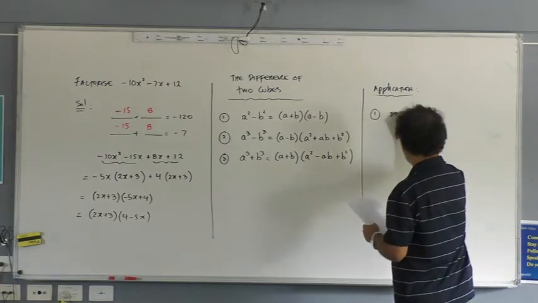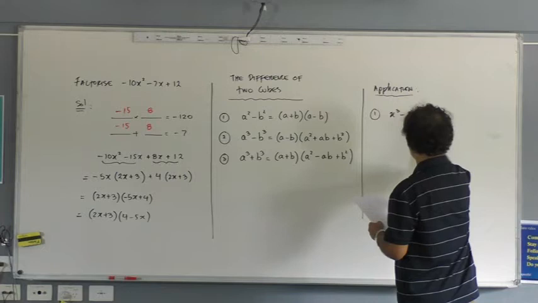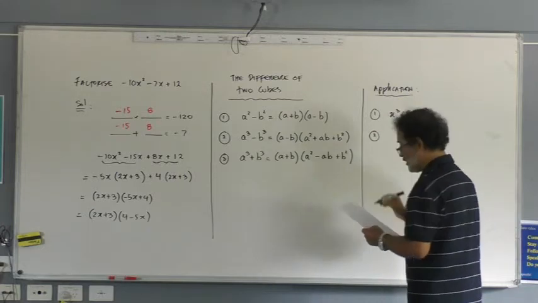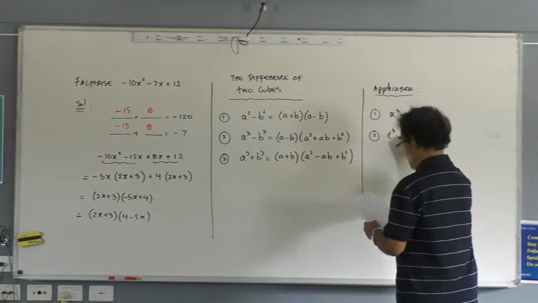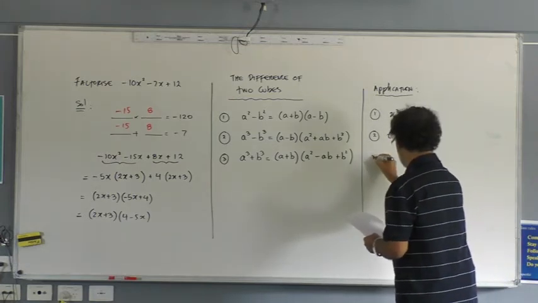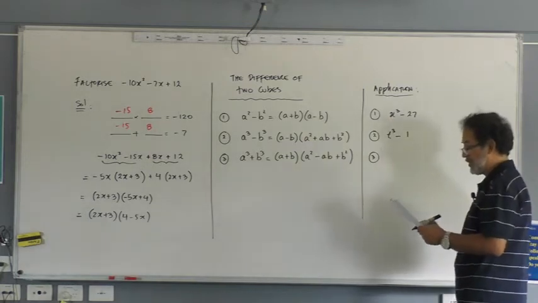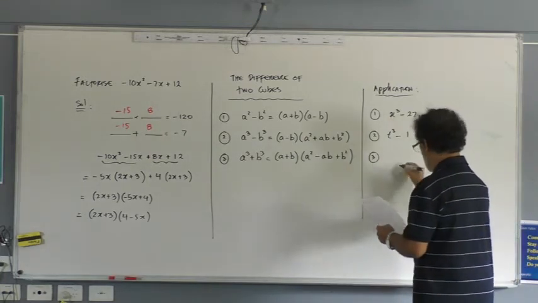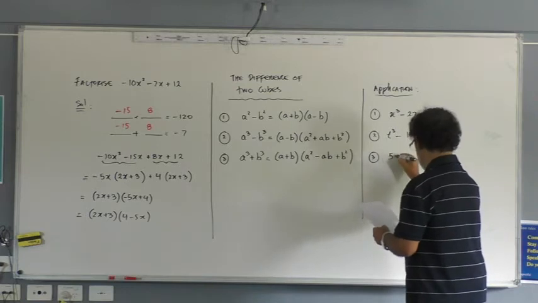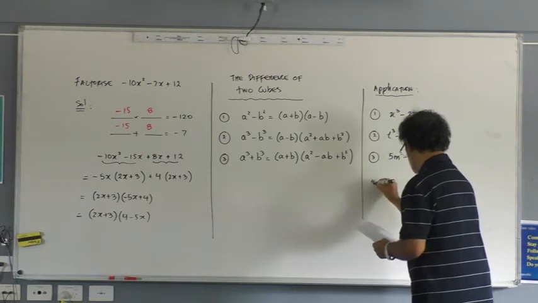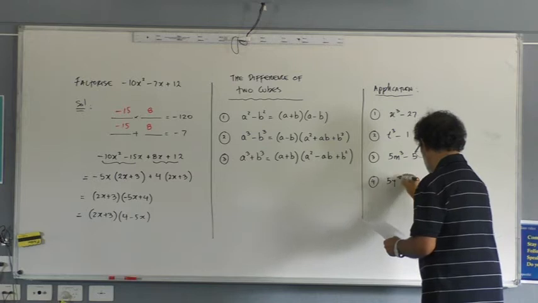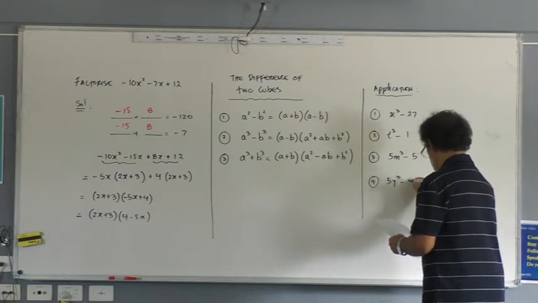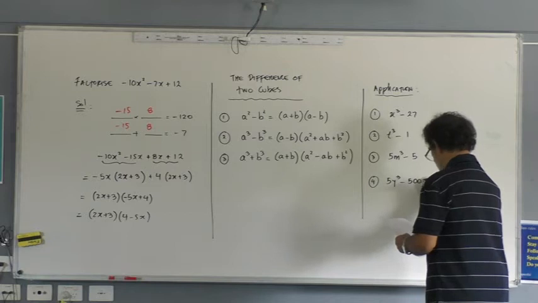So number 1 is x cubed minus 27. 2 is going to be t cubed minus 1. 3 is going to be 5m cubed minus 5. 4 is 5y cubed minus 5,000.